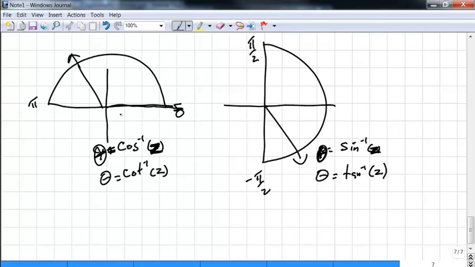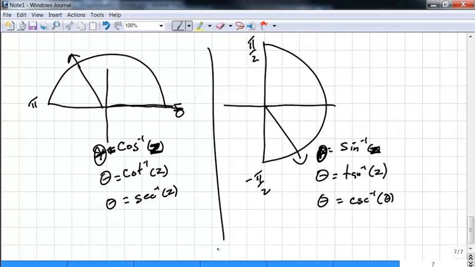Inverse secant was this one over here, same as cosine. The theta would be here, and the inverse cosecant same as sine.